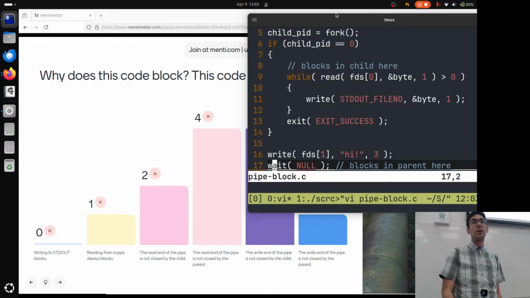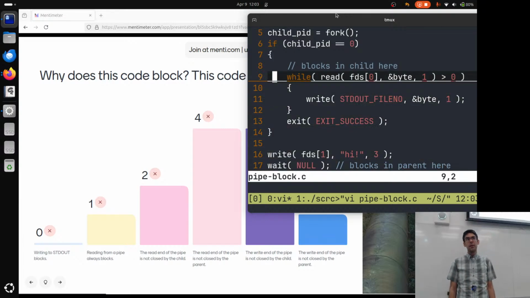It's going to wait here. It's going to halt. It's not going to be able to proceed because it's waiting for the child to finish. The child is going to get blocked here because somebody holds a right end open to the pipe. And if anybody holds a right end open to the pipe, that means my read might eventually succeed. Maybe.